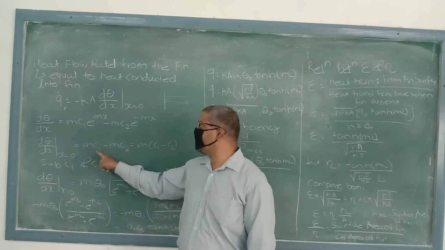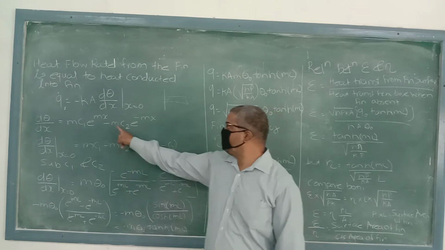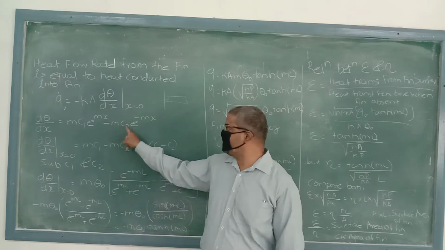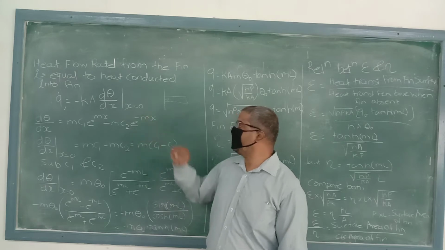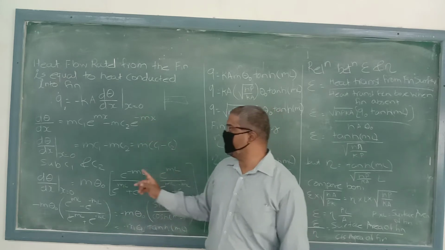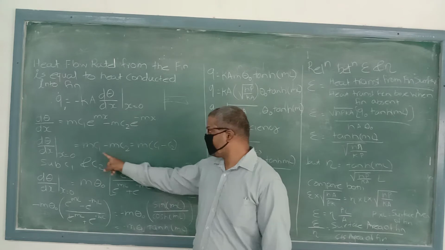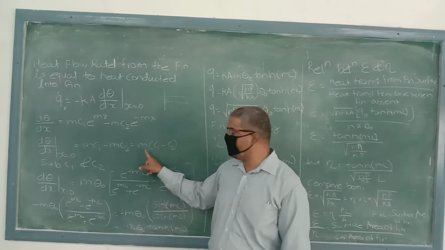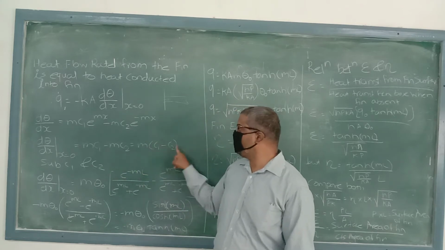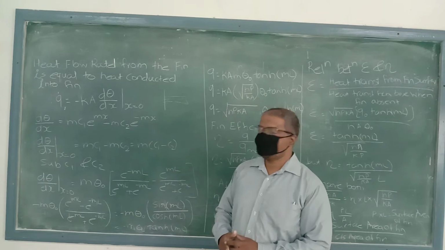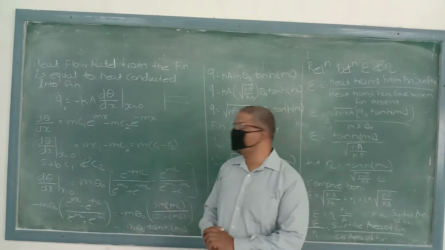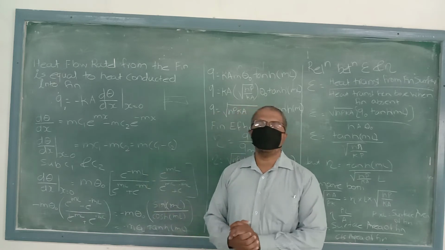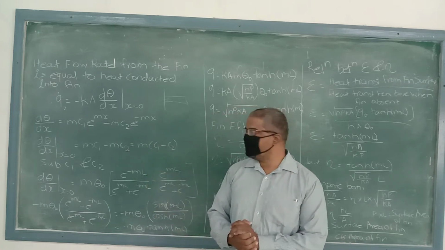So it becomes m into c1 minus m into c2, and again e raised to 0 is 1. Taking m common outside the bracket, d theta by dx at x is equal to 0 is equal to m into bracket c1 minus c2.